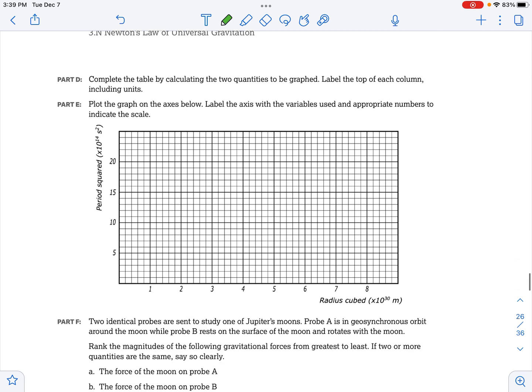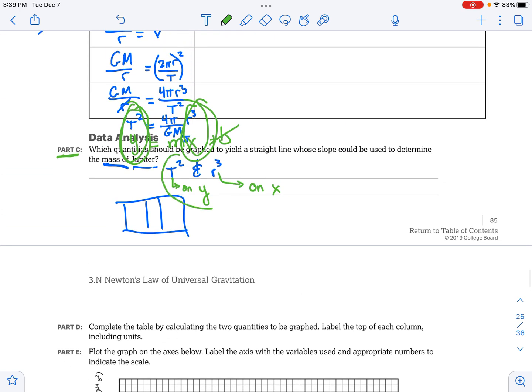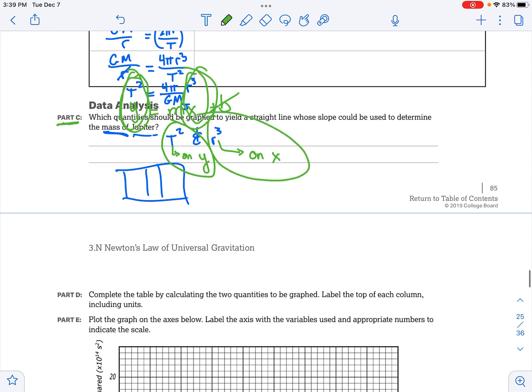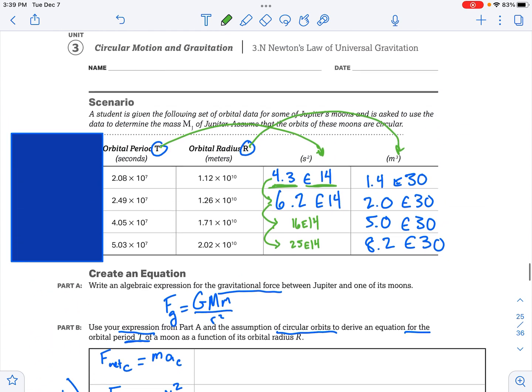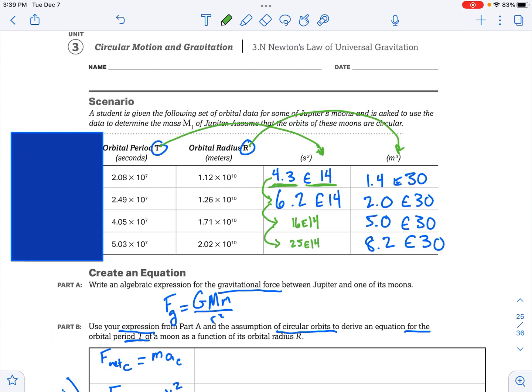So we've decided to put period squared on our y-axis and radius cubed on our x-axis. I think I'm probably going to need to take a picture of my data points so that I can graph them. Oh, I could just do this.